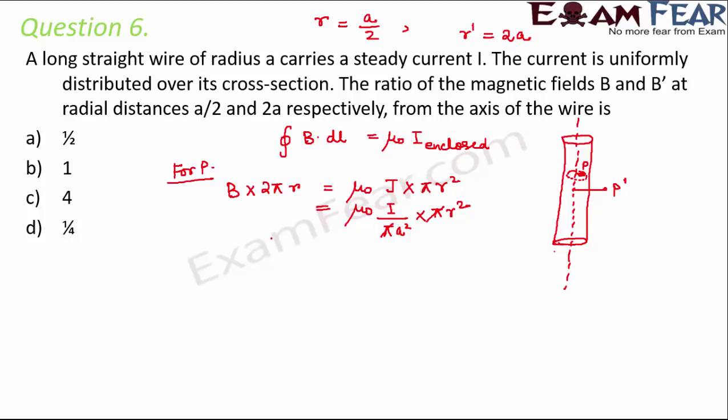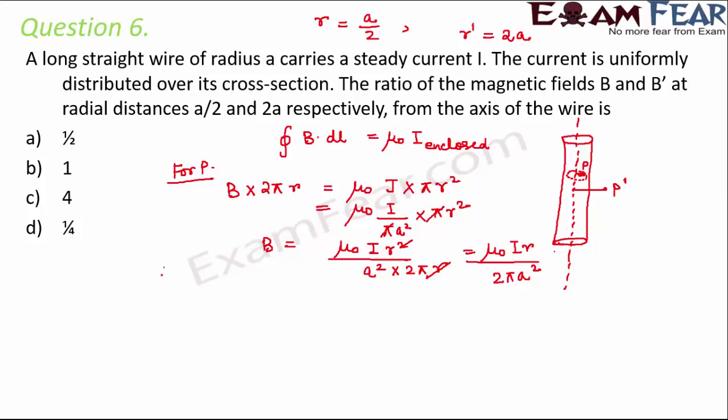So from this we can say that B is equal to mu naught I r square divided by a square into 2 pi r. This r and this r will get cancelled. So this comes out to be mu naught I r divided by 2 pi a square. So that's the value of B.